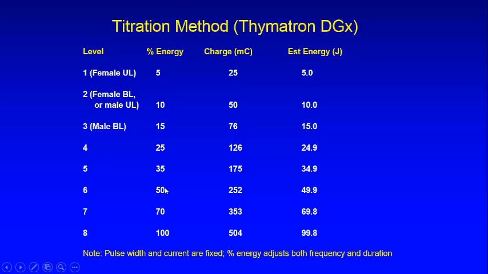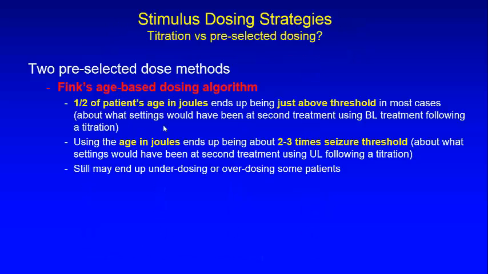Because our goal is to be 2 to 3 times seizure threshold. And you can see why they say 2 to 3. If I go up 2 notches from here, 100 is twice as much as 50. If I go up 2 notches here, 15 is 3 times 5. So basically it averages out to about 2.25 to 2.5 times seizure threshold when you go up 2 notches across this whole spectrum of possible settings.